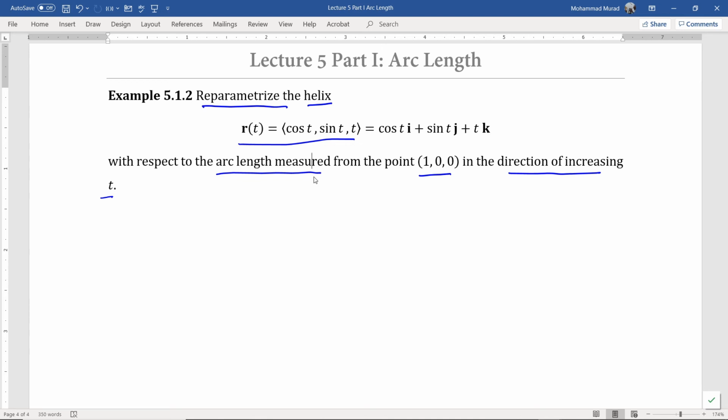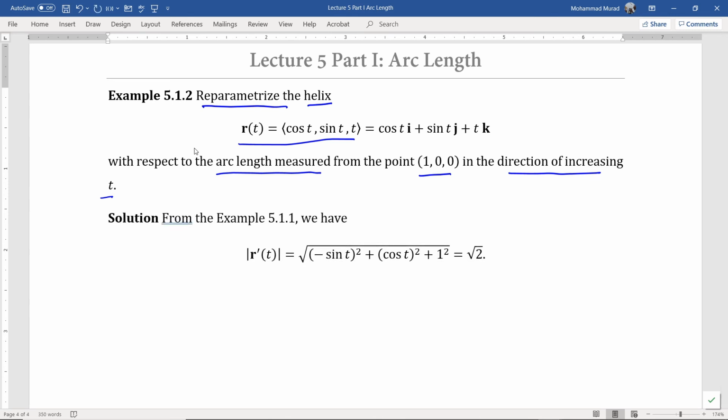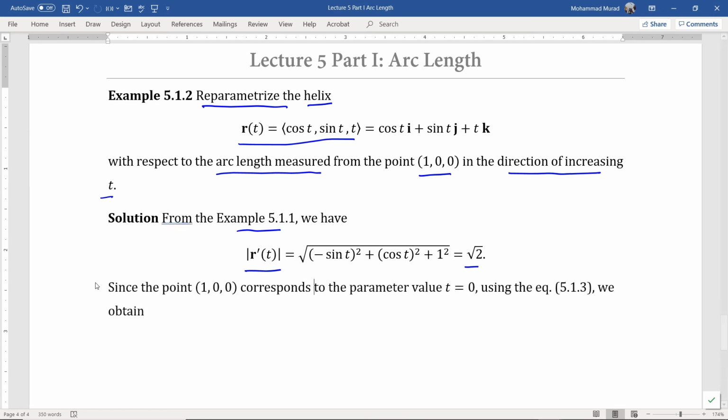Let's have a look at the solution. From the previous example, we have the magnitude of the vector r prime equals positive square root of 2. Since the point 1, 0, 0 corresponds to the parameter value t equals 0, namely, if we substitute t value 0 here, we obtain 1, 0, 0, the position vector of the point 1, 0, 0.